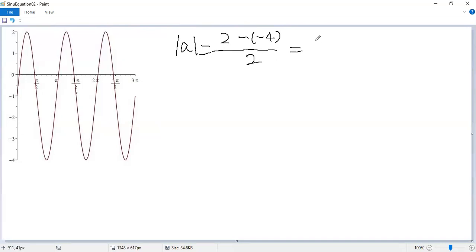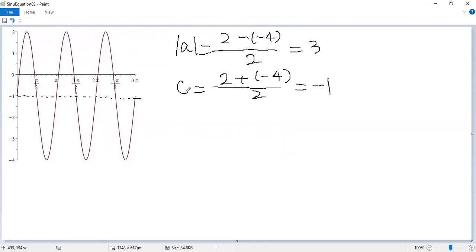So we get 3. The vertical shift c equals maximum plus minimum divided by 2. So we get -1. So you see the midline is y equals -1.